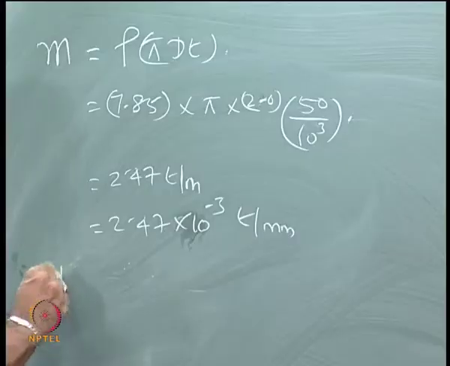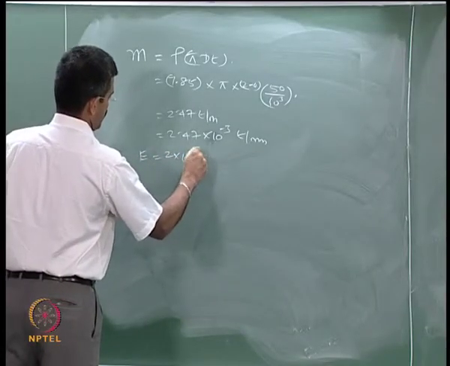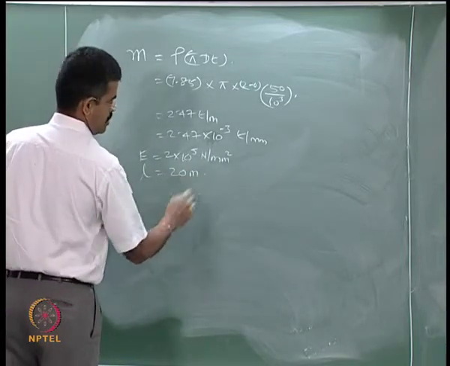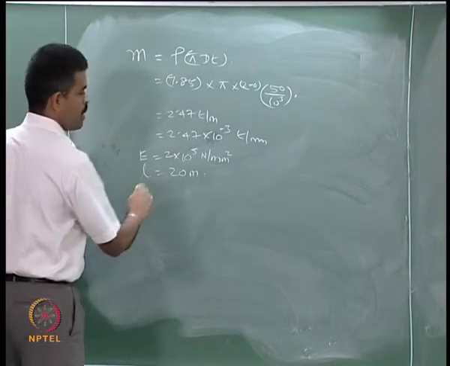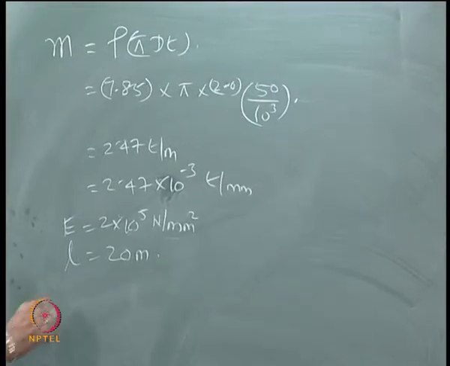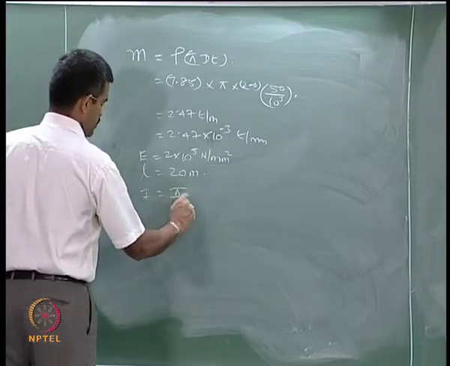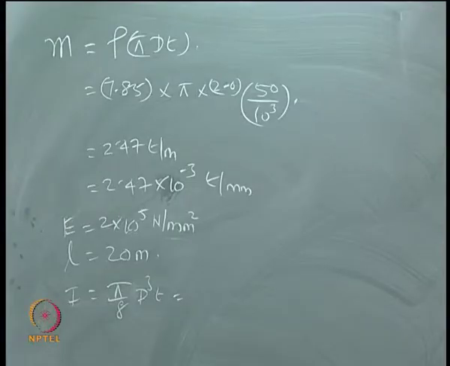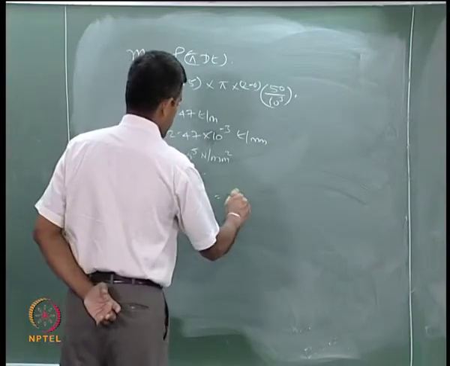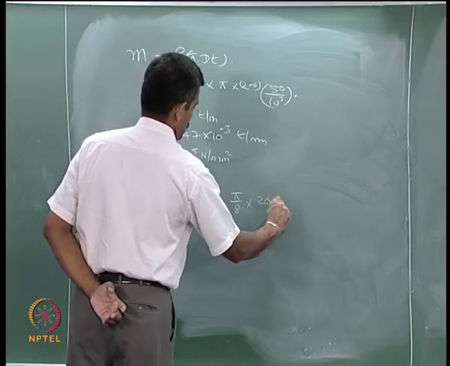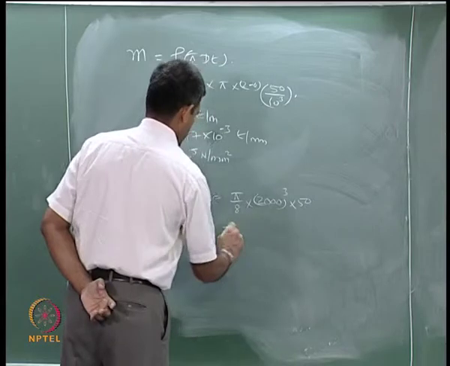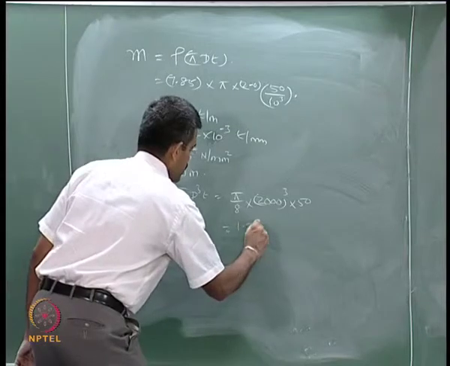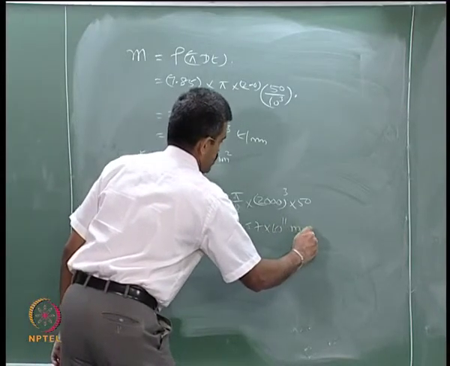And of course, E we know, and of course, L we know, and I for a tubular section is pi by 8 d cube t. So, pi by 8 into 2000 cube into 50, how much is this? 1.57 into 10 power 11 mm4.